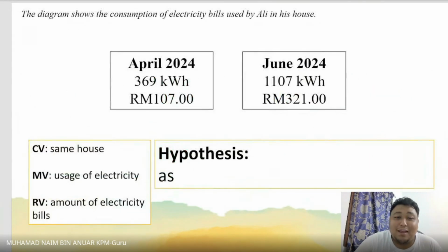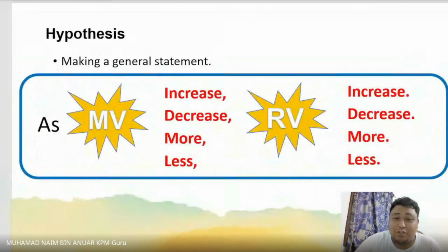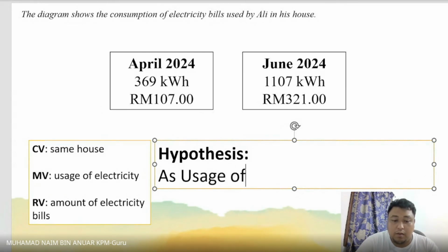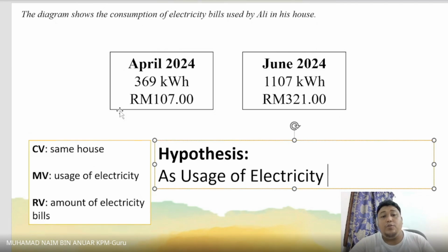Now, using this formula, let's answer this together. MV is the usage of electricity. You look at the pattern from 369 to 1,107, it is getting more. So more is increase.